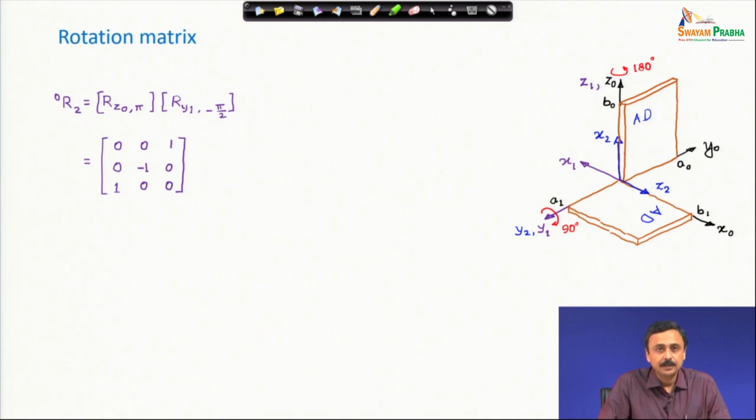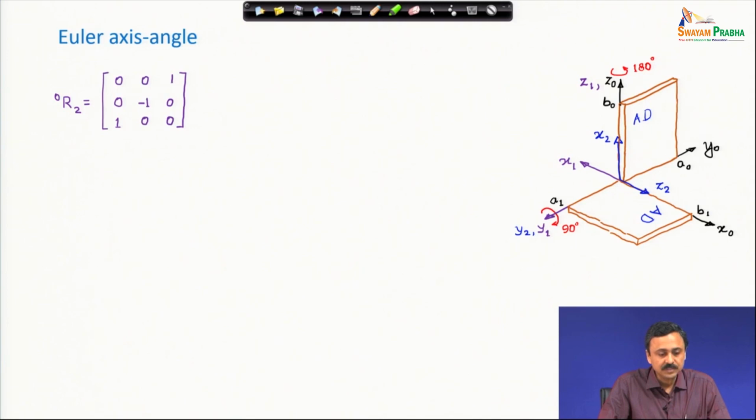The next part of the problem asks us to find out a single axis and a rotation about which this orientation change can be possible. So, we have to find out a single axis and rotation. Therefore, we have to find out the Euler axis angle form, which is this.